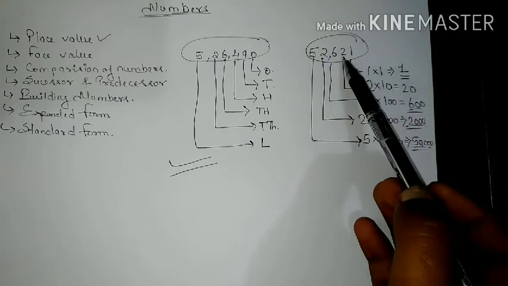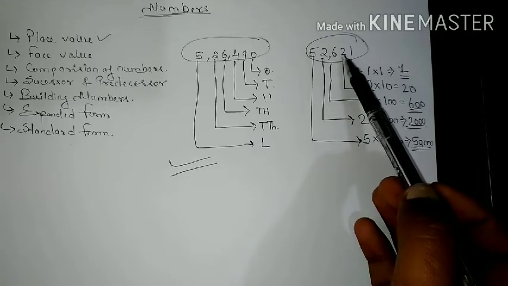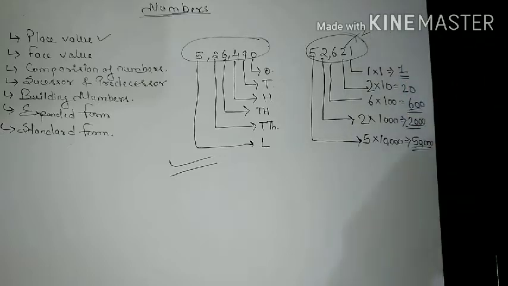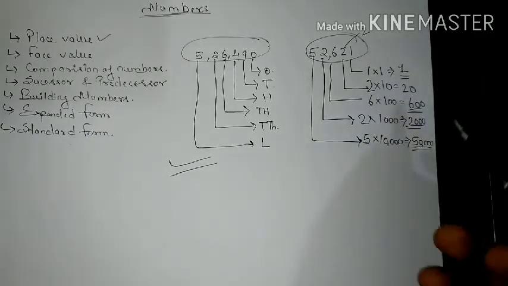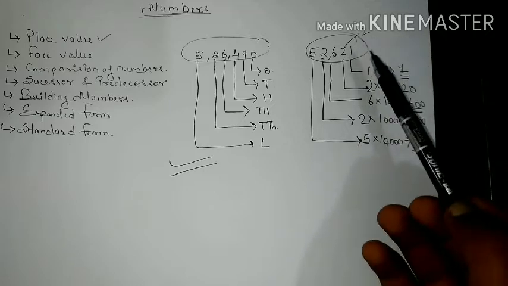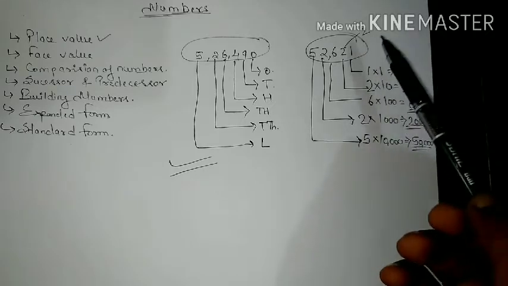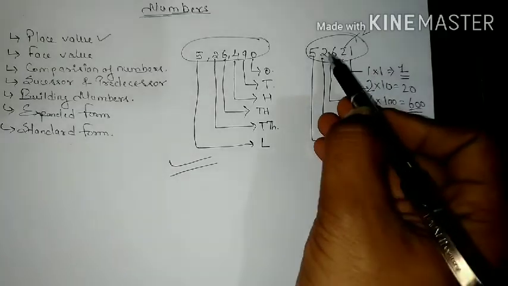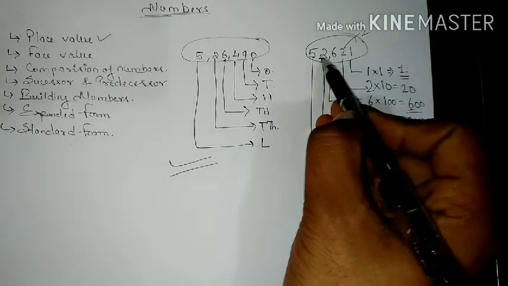Okay, for 2 the place value is 20, but remember one thing, the face value will be 2. Face value of a particular number is the number itself. So if you have been asked a question, what will be the face value of the number 2?